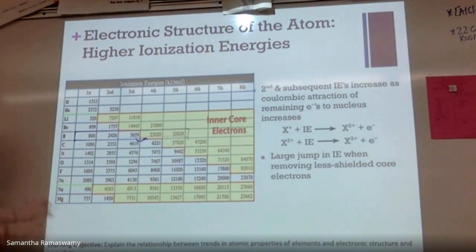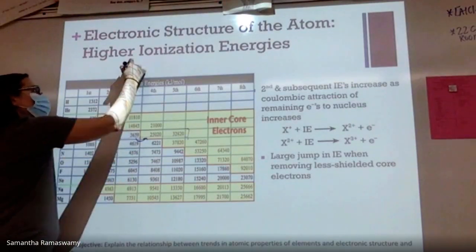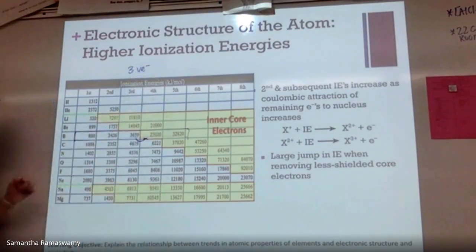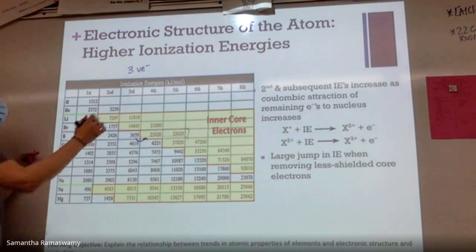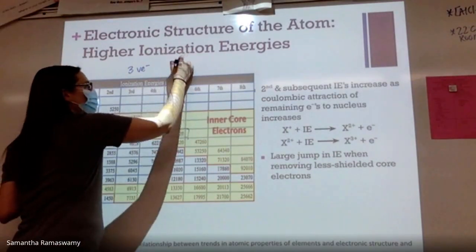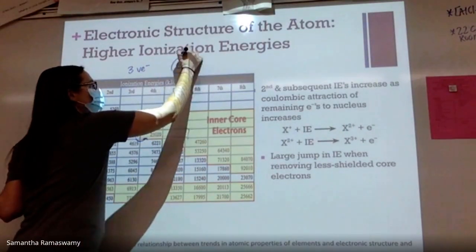Then we try to take that 4th one away, and it's a lot harder, which means that this element had 3 valence electrons. Because if we look at the Bohr model, there's the nucleus, n equals 1, n equals 2.